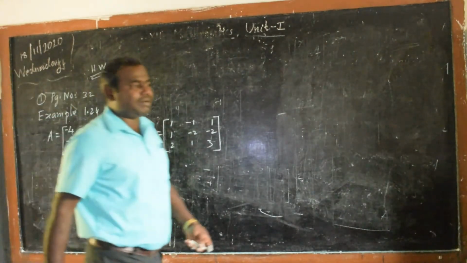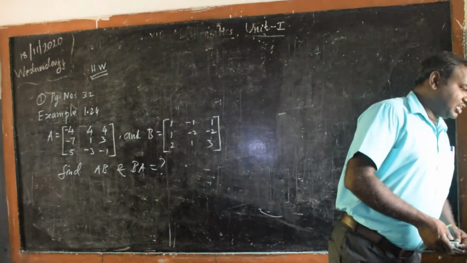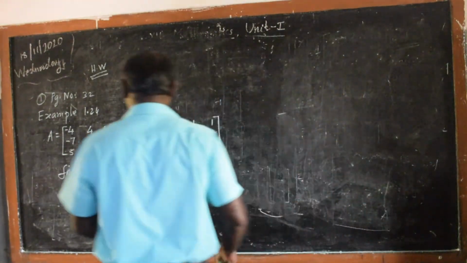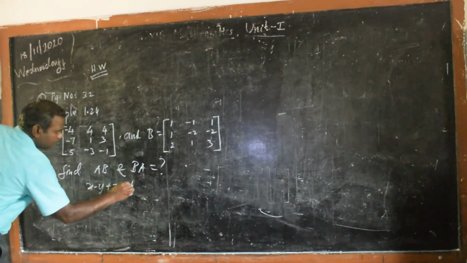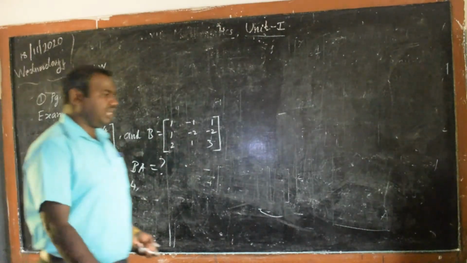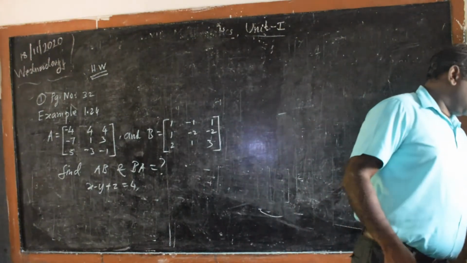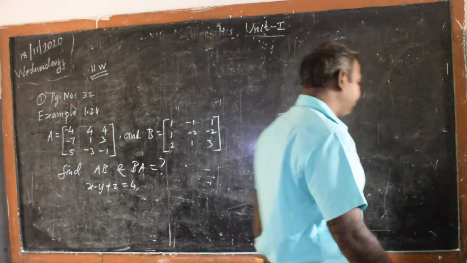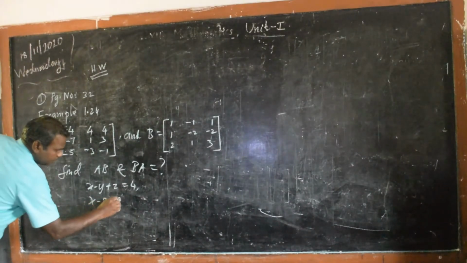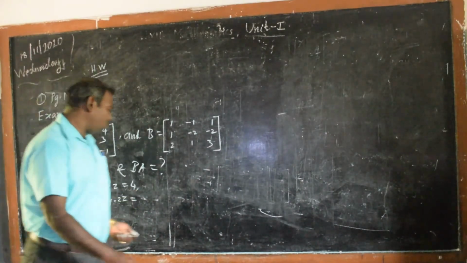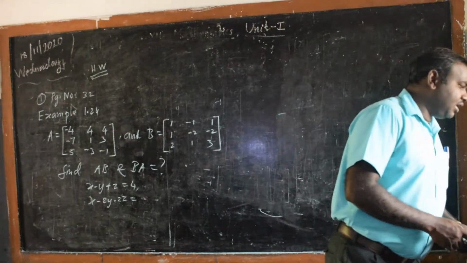And solve the system of linear equations: x minus y plus z equal to 4. Second equation, x minus 2y minus 2z equal to 9.